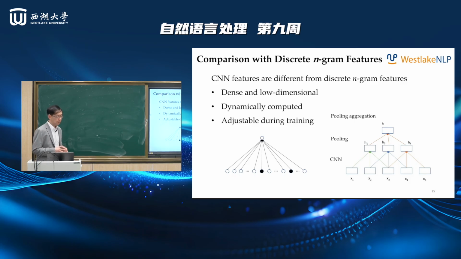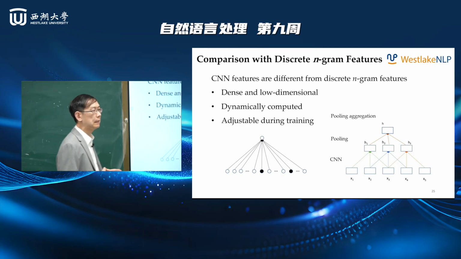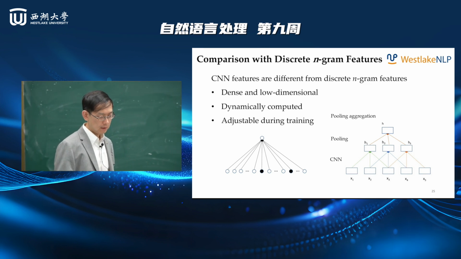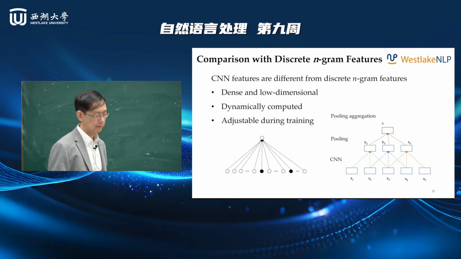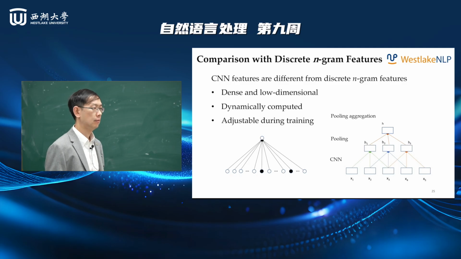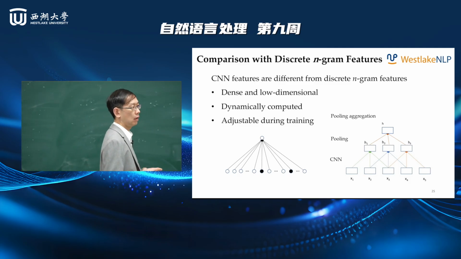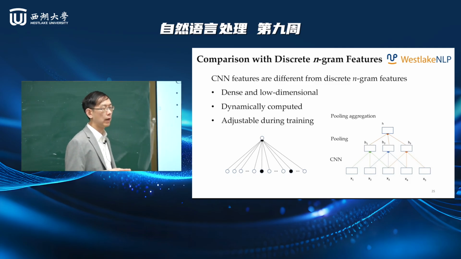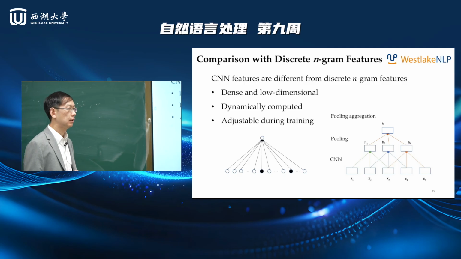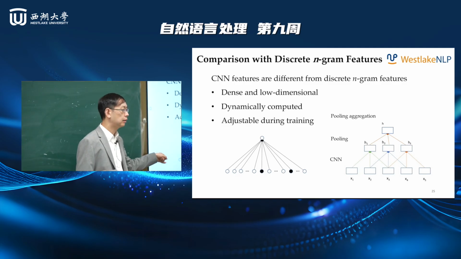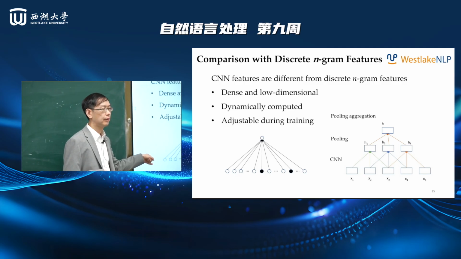So if we compare that one with this one, we can immediately find some differences. The CNN features are dense and low dimensional. You will normally see a 1,000-element-long convolution feature vector, or even smaller. Compared with this one, tens of thousands of elements long.